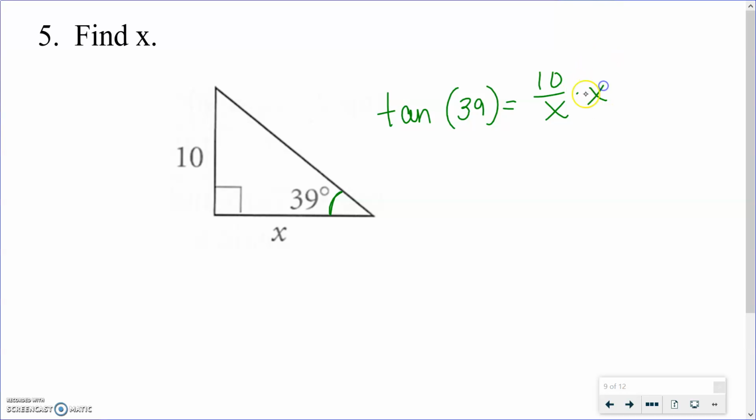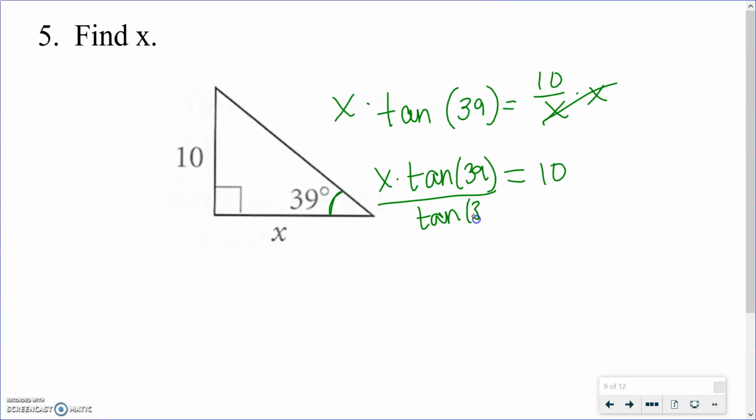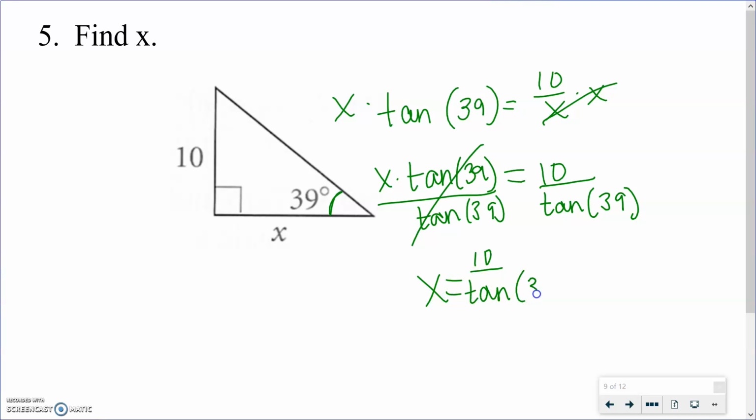So what we're doing is we're going to multiply both sides by x, because we want that to eventually be by itself. So then we have x times the tangent of 39 equals 10. And we can divide both sides then by the tangent of 39 to find that missing side. So then we get x equals 10 divided by the tangent of 39, which in your calculator you should get about 12.349.